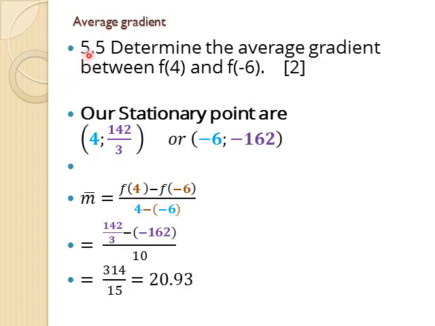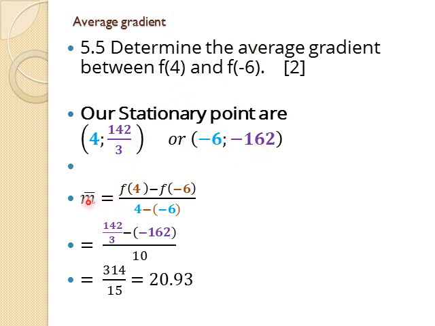Alright, and last question, determine the average gradient between f(4) and f(-6). We already found that f(4), my stationary point, was 142 over 3, and f(-6) was -162.